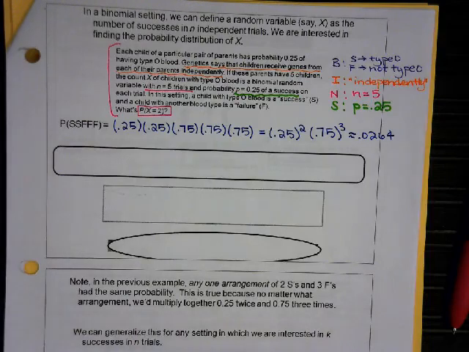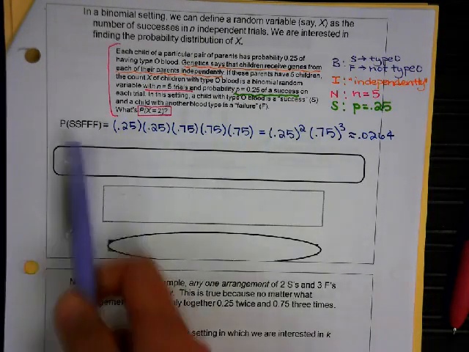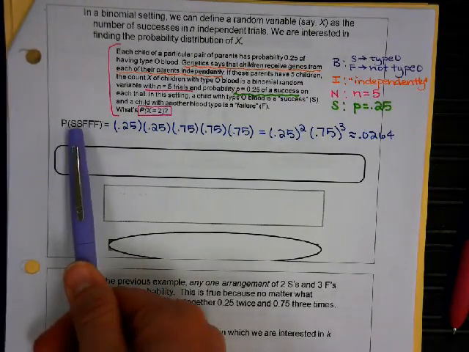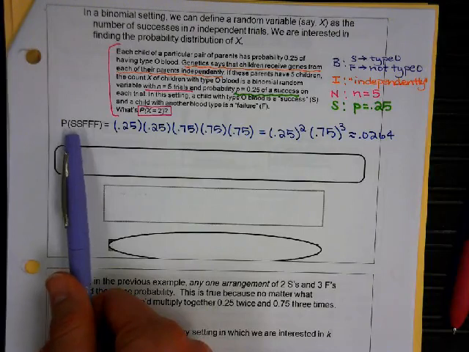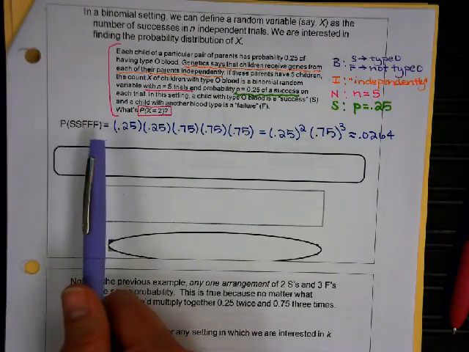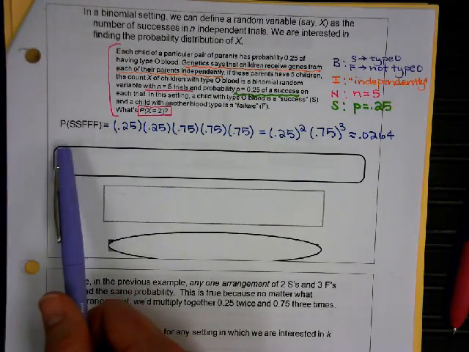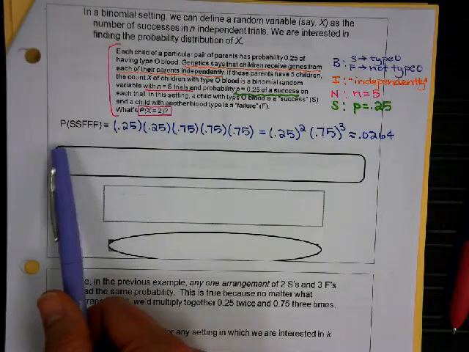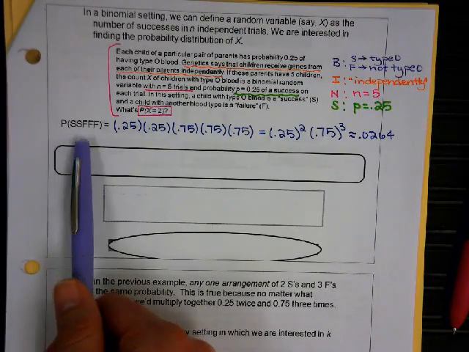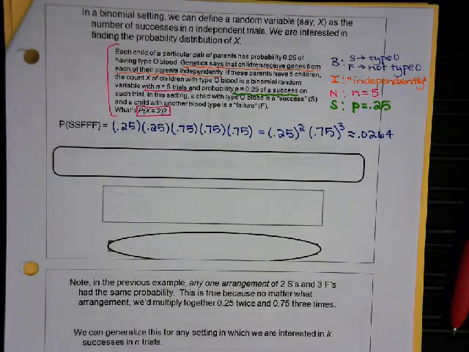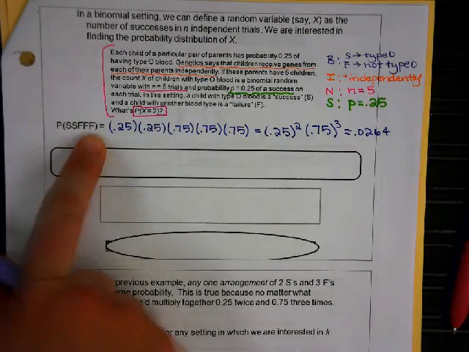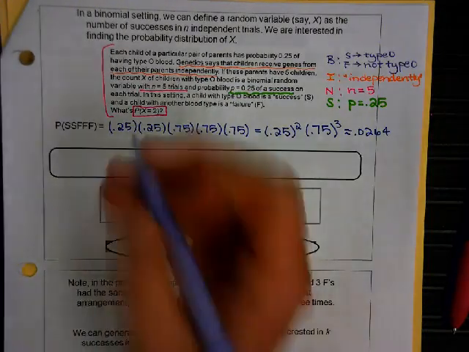Order matters. The first kid could have not type O blood, and the second kid could have it, and the third could have it, and then the last 2 don't. So I assumed that the first 2 were successes and the last 3 were failures, but there are a bunch of different combinations of having 2 successes and 3 failures in 5 kids.